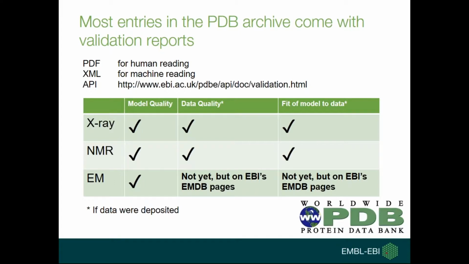For NMR, we do the same things, and for electron microscopy, we assess the model quality. We don't yet, as the worldwide PDB, assess data quality or fit of the model to the data, but as we'll see briefly later on, that data is available on the EMDB pages here at EBI.